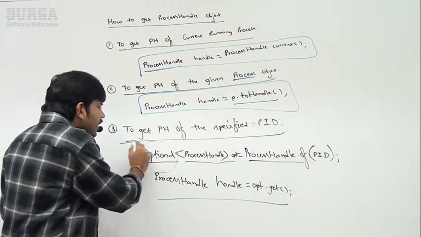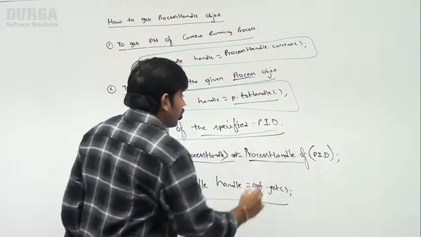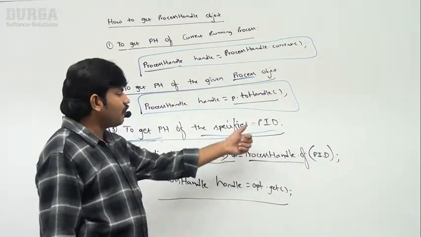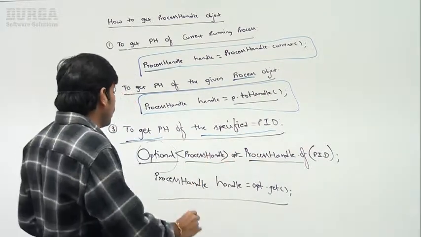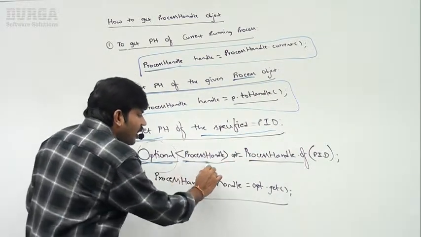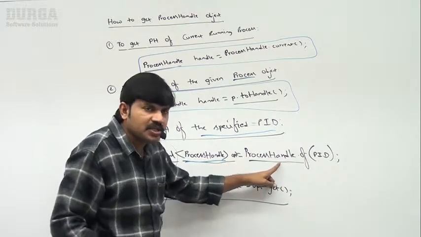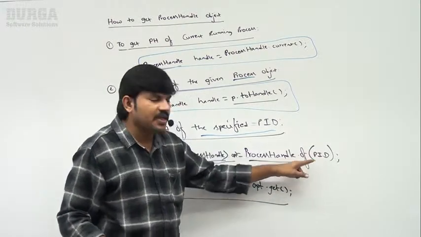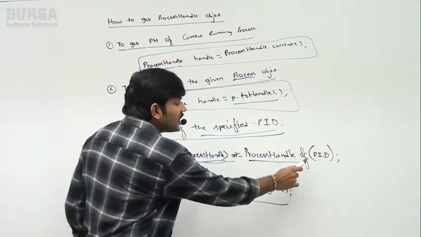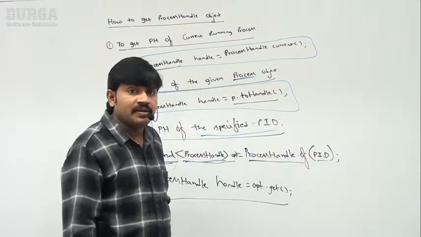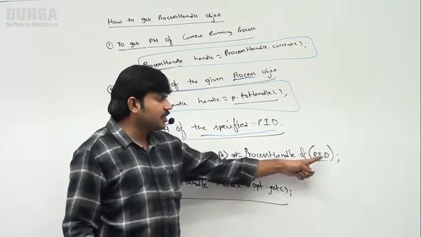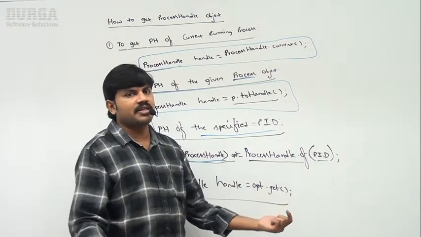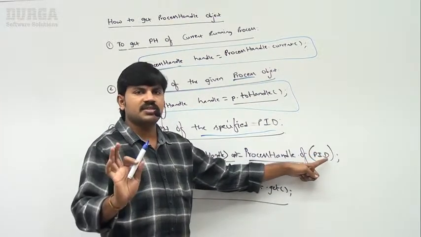Next, to get the ProcessHandle of a specified process ID. Sir, I will provide a process ID. Based on that process ID, how to get the ProcessHandle object? Optional of ProcessHandle OPT is equal to ProcessHandle.of(pid). Sir, have you observed ProcessHandle.of(pid)? The return type is Optional because this PID may exist or may not exist. If it exists, we will get the ProcessHandle.